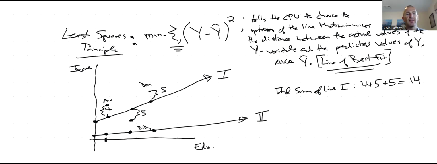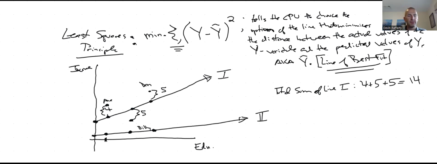Let's look at the distance, right? Remember, least squares principle tells the computer to choose the option of the line that minimizes the distance between the actual value of the y variable and the predicted value. So in other words, we are going to choose the line of best fit. We want the line that has the smallest distance between the predicted value and the actual value of y.